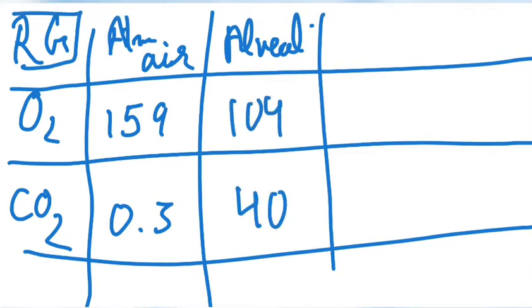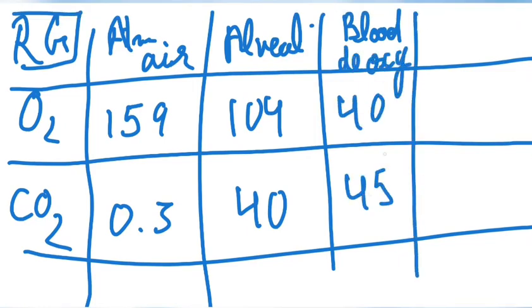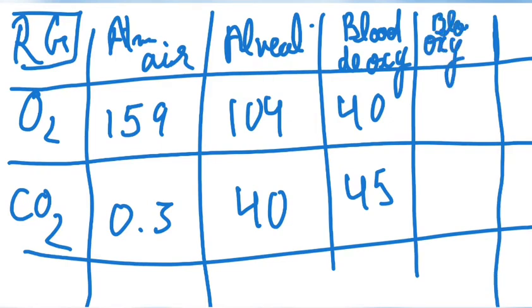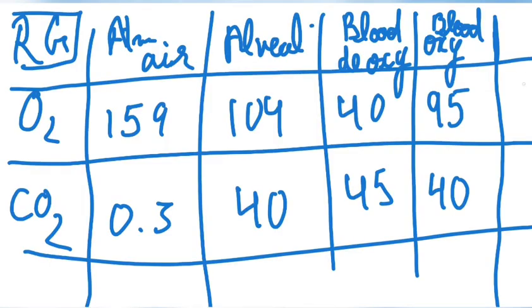In alveoli, the pressure is 104 and 40. In deoxygenated blood, it is 40 for O2 and 45 for CO2. And in oxygenated blood, it is 95 for O2 and 40 for CO2. In tissues, it is around 40 for O2 and around 45 for CO2.